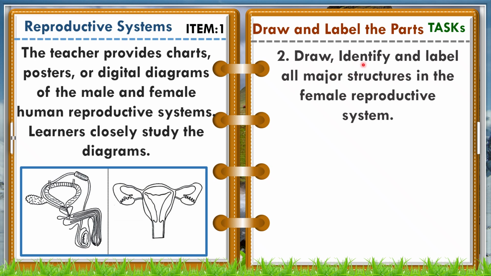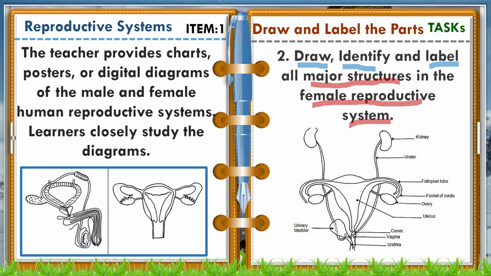Draw, identify, and label all major structures in the female reproductive system. This time we want to draw, identify, and label the major structures in the female reproductive system.